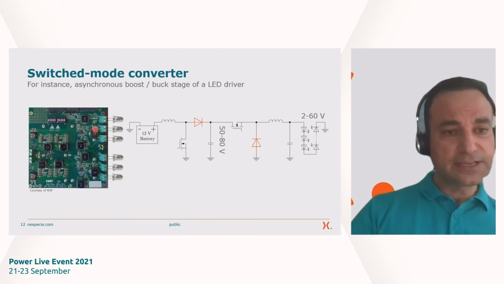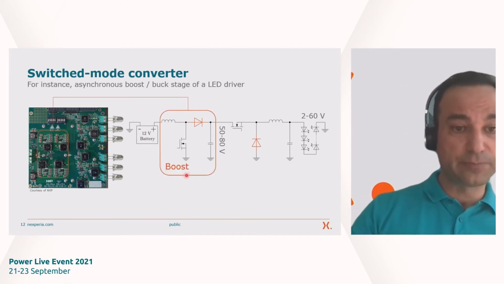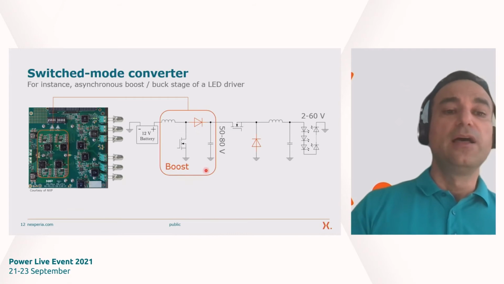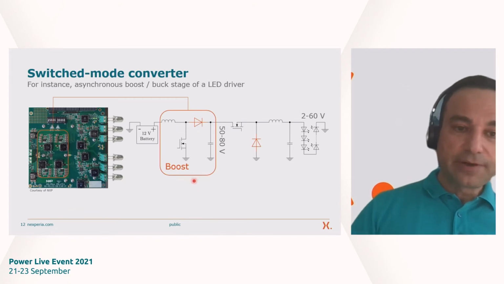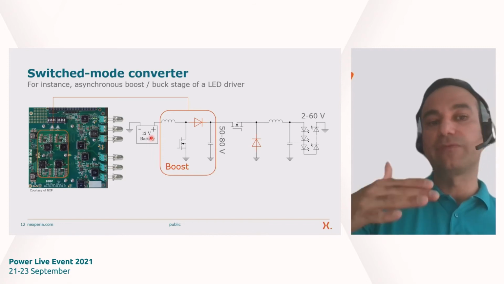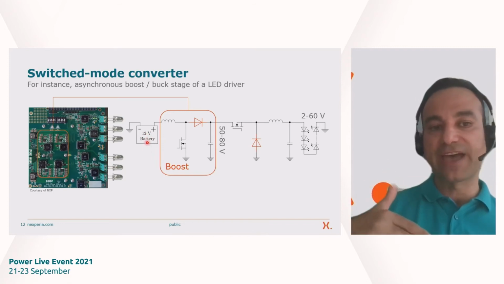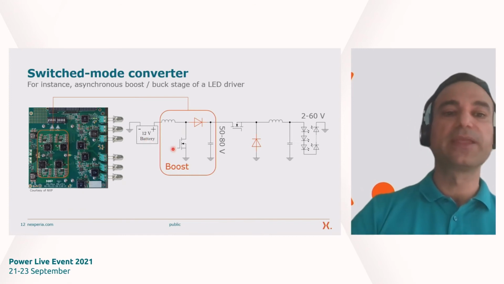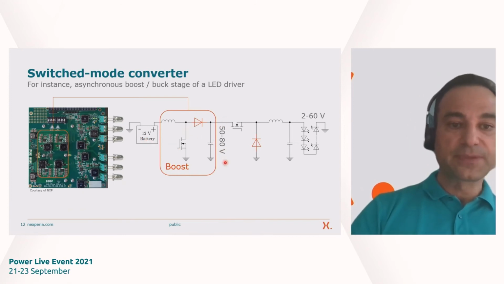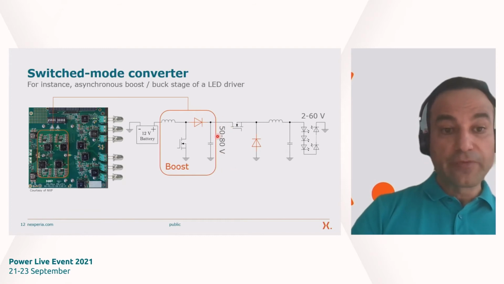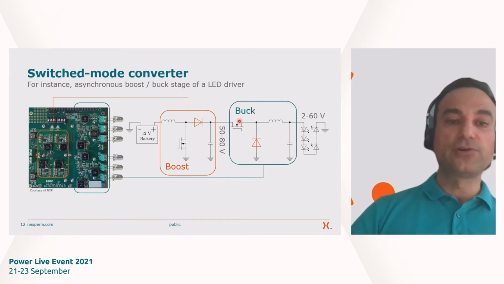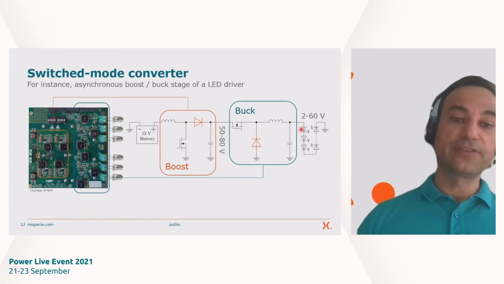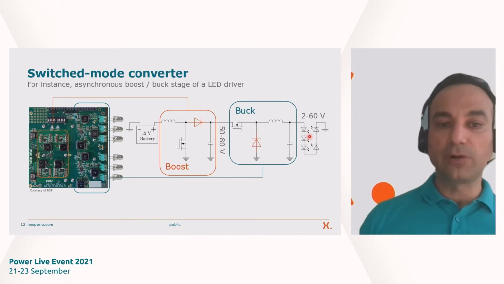And this board consists of a boost converter. The boost converter is necessary in order to compensate any voltage fluctuations which you might have at the input, for example, during the startup of the car. And once we have this intermediate voltage, from there, we use a buck converter to deliver the necessary output voltage.